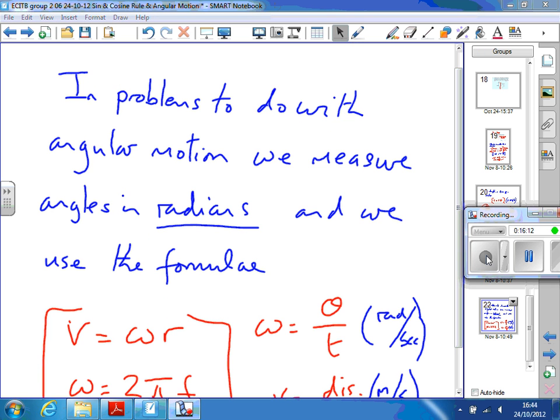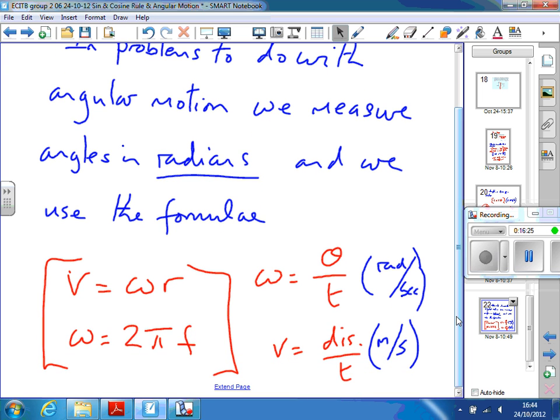In problems to do with angular motion then, we measure angles in radians. One complete turn is 2 pi radians. And we use the formulae v equals omega r and omega equals 2 pi f. These are two key formulae that you'll use, and you'll certainly use them in the assignment.